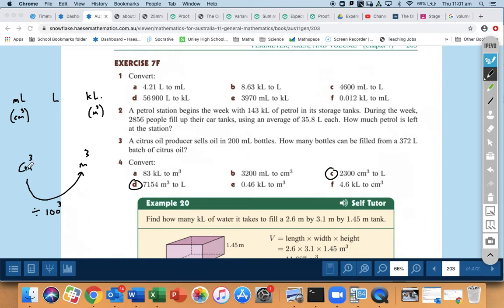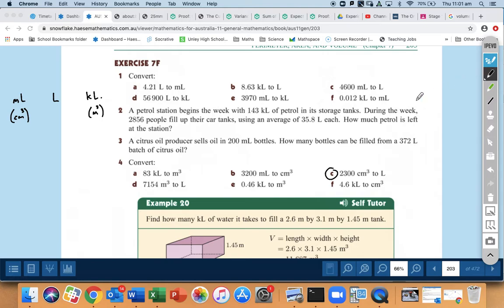And there's quite a big difference, right? The centimetres cubed is really quite a small volume compared to, you can imagine a cube where all the sides are 1 metre. That's quite a large volume, right? And this conversion is 1,000,000. So it really makes sense to have, when it comes to capacities, something in the middle, this litres, all right? Okay.